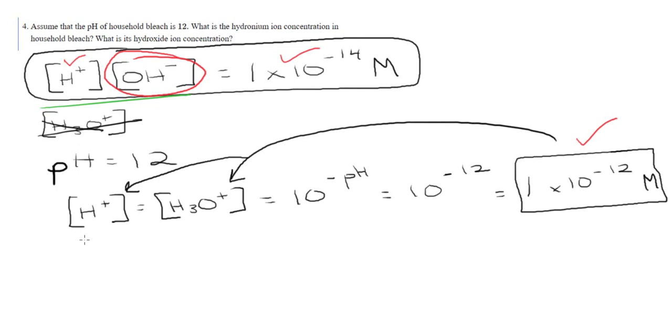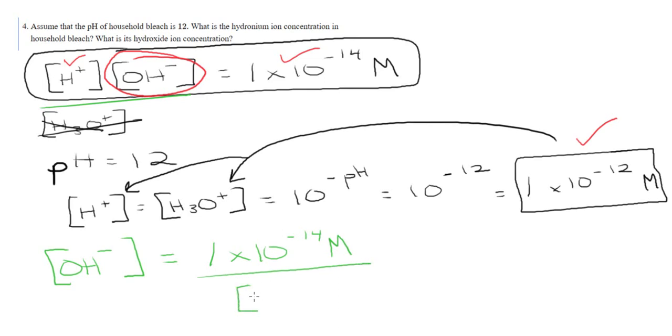And if I do that, I end up with the hydroxide ion concentration is equal to 1 times 10 to the negative 14th molar divided by the hydrogen ion concentration. And if I plug in what I know, I have 1 times 10 to the negative 14th molar divided by 1 times 10 to the negative 12th molar.